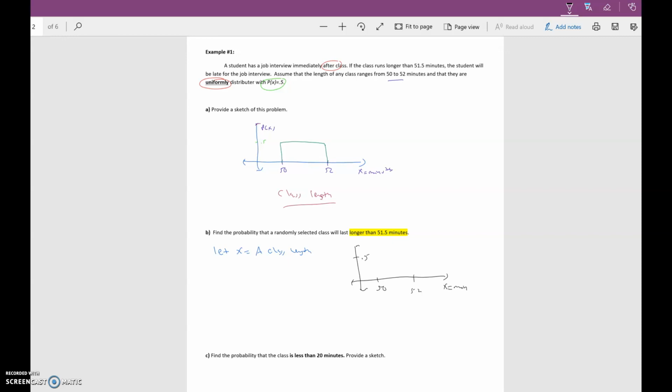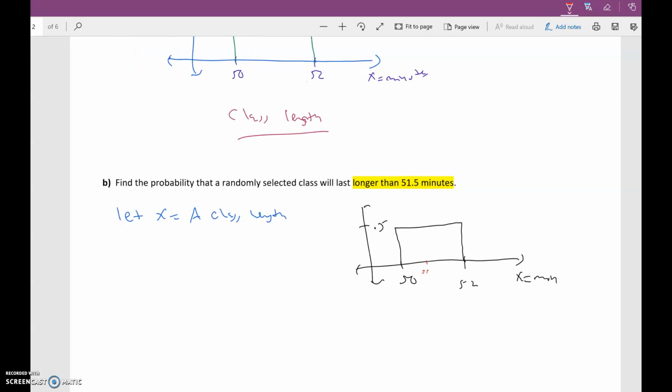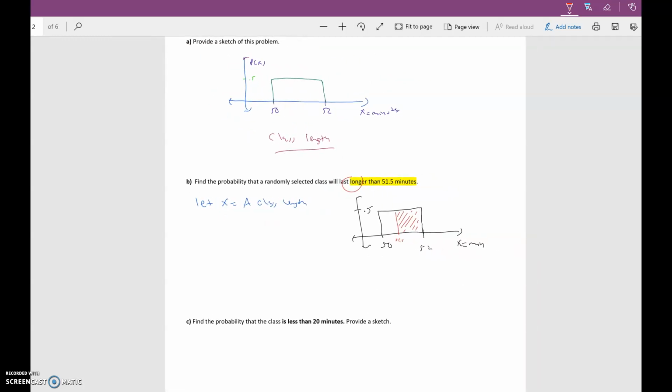This is 0.5. What they're asking us to evaluate is that the class length is longer than 51.5 minutes. So let me just zoom in. This is 51.5. Longer means to the right. So this is the actual area or probability that we're evaluating.